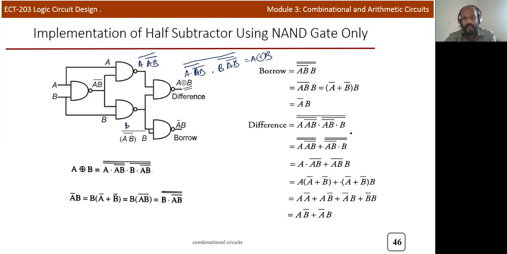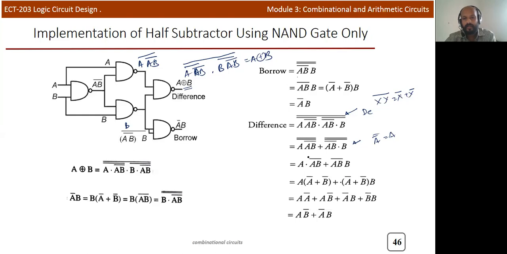So for that you can expand like this. So you can apply De Morgan's theorem. So first, if you split this bar symbol by using De Morgan's, if xy the whole bar is equal to x bar plus y bar, so you'll get the first term. Again, you can apply double negation rule. If a double bar is equal to a, you can apply that rule.